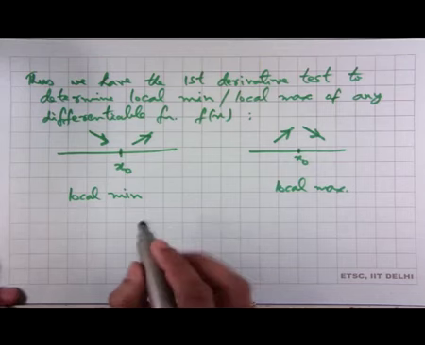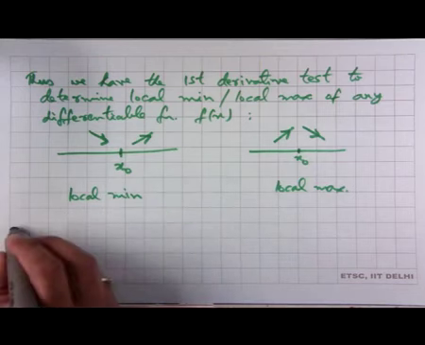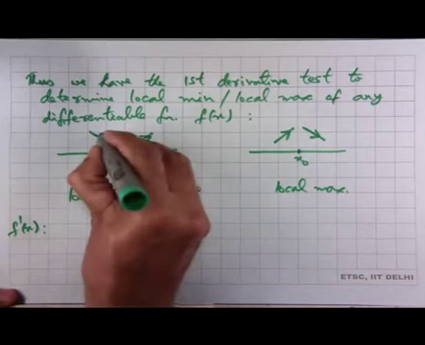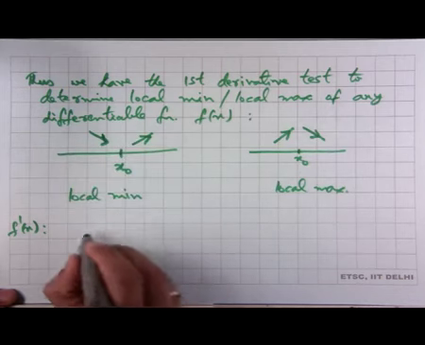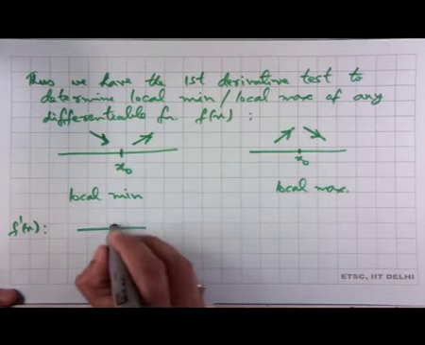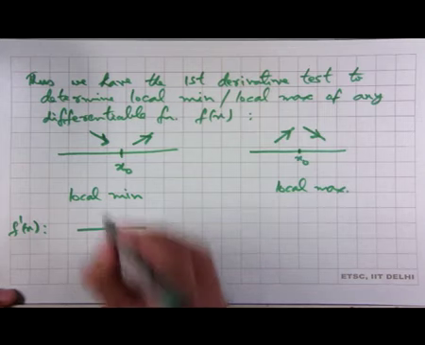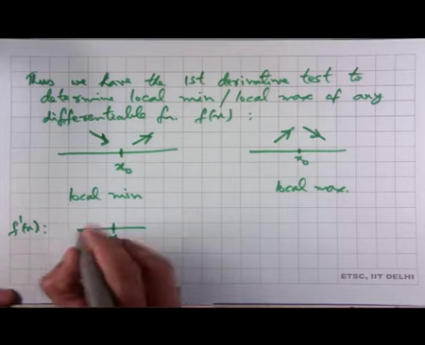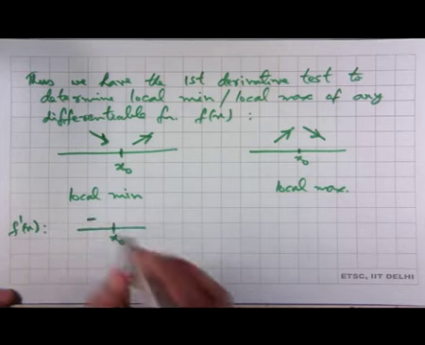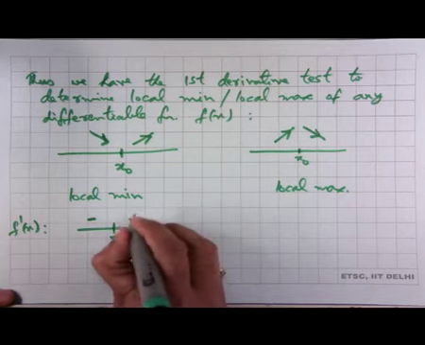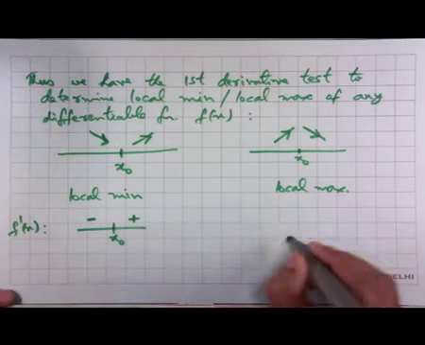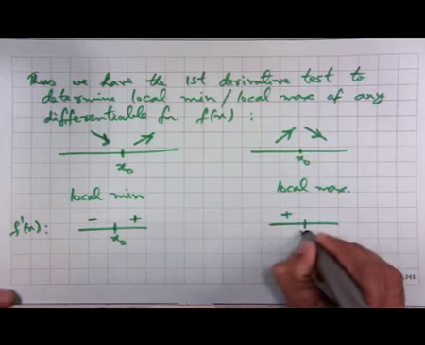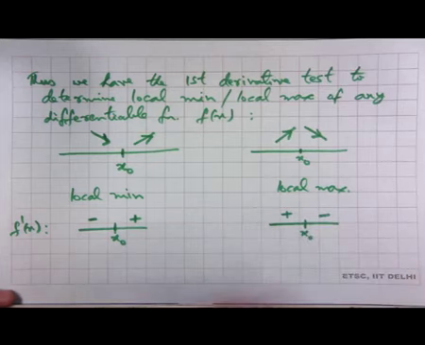Now, if we look at the sign of f prime x, for local min the function is decreasing to the left of x naught, that means that the sign of f prime x is negative to the left of x naught and positive to the right of x naught, and for local max it is the other way, positive to the left of x naught and negative to the right of x naught.